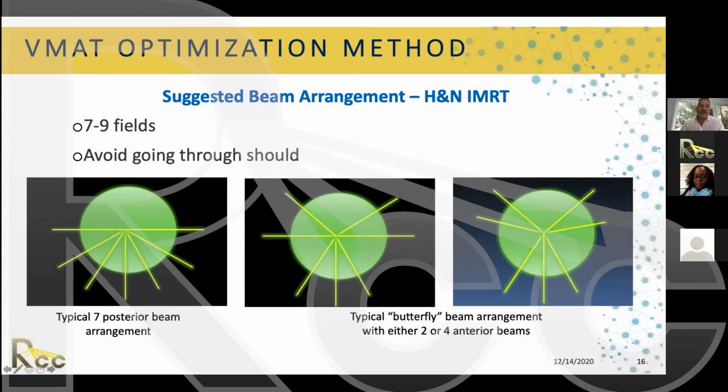This is an old technique that we were using when we started doing IMRT at MSK. We used a 7 posterior beam arrangement. Then you can use some anterior fields if you have disease more anterior, depending on what you're treating. These are variations, and you can choose as many fields as you want, but also thinking that they make sense.